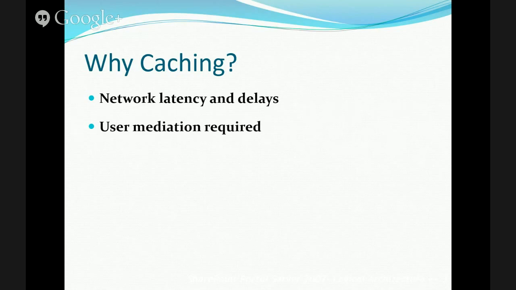It makes no sense. So I require a caching mechanism to have all the user information cached so that it can be utilized for all the subsequent requests. That is what we mean by user mediation required. If no caching is there, every time I make a request, I have to go in for user mediation, something that we don't want to have.